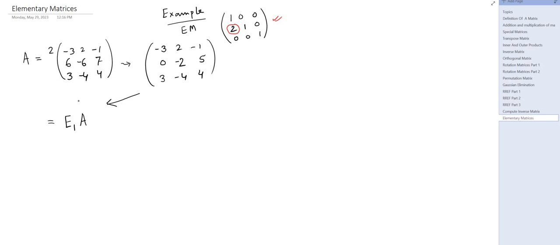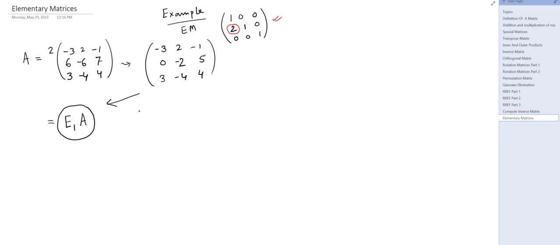Okay, but now my objective is, can I write this matrix just by this? So basically multiplying an elementary matrix with A, can I write this?